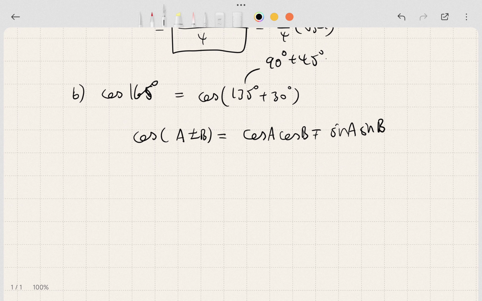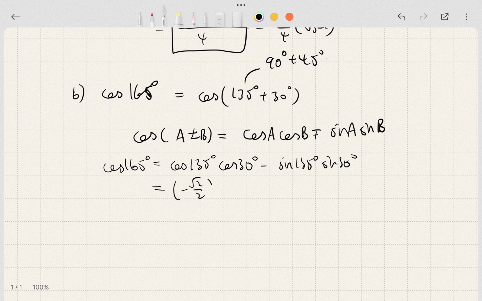So cos 165 would have to be equal to cos of 135 cos of 30 degrees minus sine of 135 times sine of 30 degrees. We know that cos of 135 degrees is minus root 2 over 2, and cos of 30 degrees is root 3 over 2.